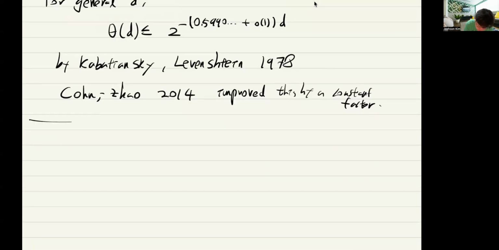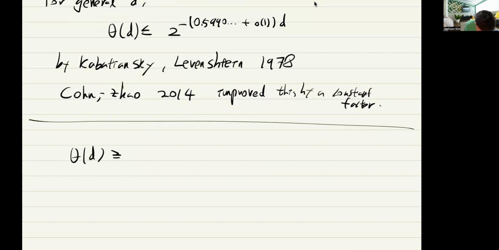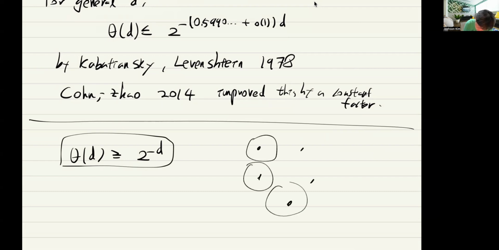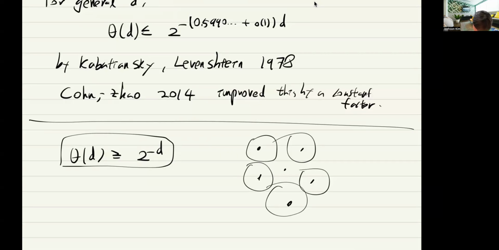On the other hand, what's the lower bound? It's easy to see that this lower bound holds. Why? This is a volume argument. If you have a packing, and whenever there is a point that you can add, you add another ball.